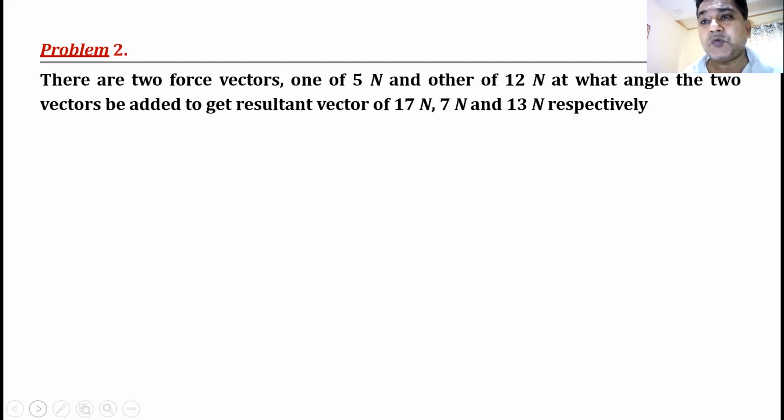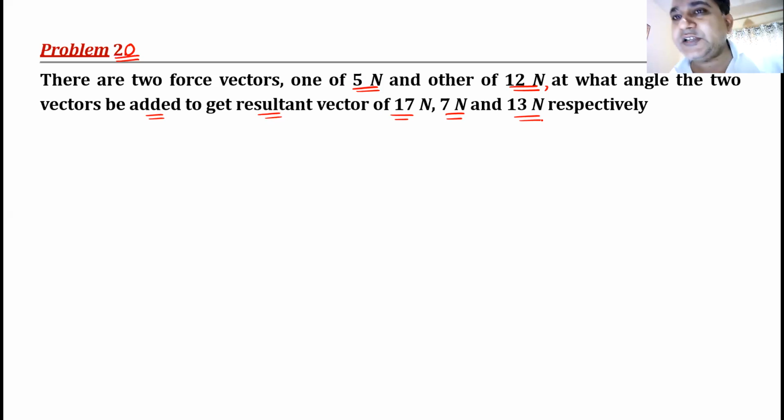This is actually question number 20 from your solved examples. Please look at the question. There are two force vectors. One is 5 Newton, the other is 12 Newton. At what angles should the two vectors be added to get the resultant vector as number 1, 17, number 2, 7, number 3, 13?